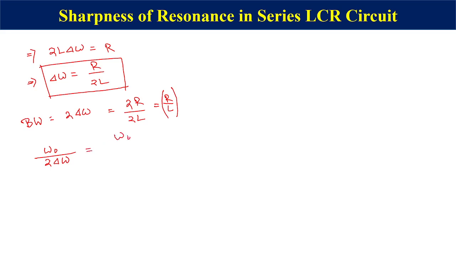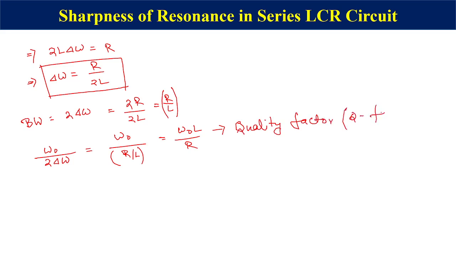Because 2 delta omega is equal to R by L, it is going to give me omega naught L divided by R. This is what gives the sharpness, and this is known as the quality factor, in short, the Q factor. So the quality factor determines the quality of the circuit. If it is sharp, it is going to be of high quality. If it is less sharp, it is going to be of low quality.